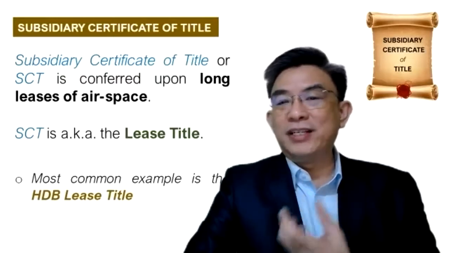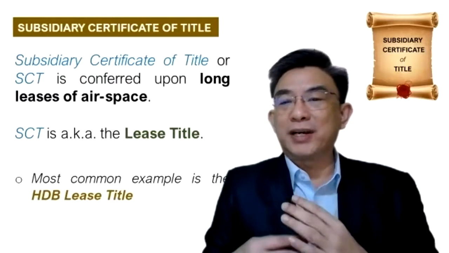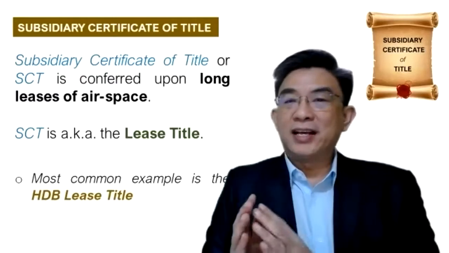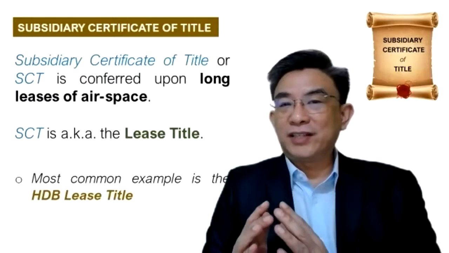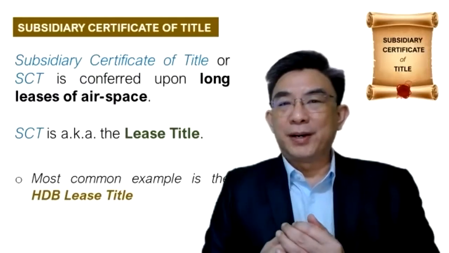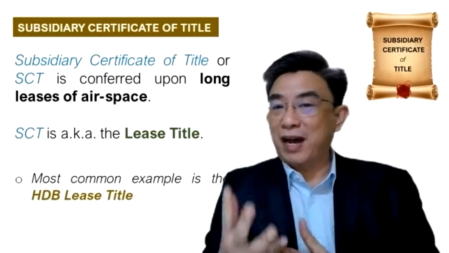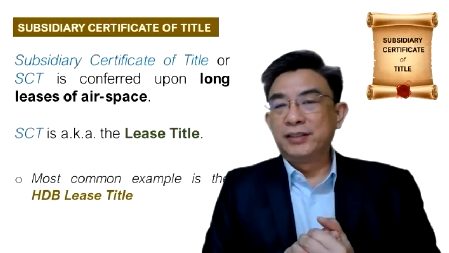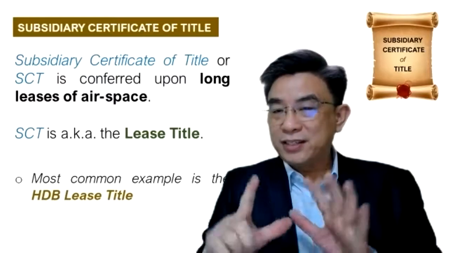Now, when we say long leases, I just want to make a distinction between long lease and short tenancy. Tenancies are commonly about 2 to 3 years. Maybe office leases, you have like 5 years. I know for a fact that WeWork rents 7 years.